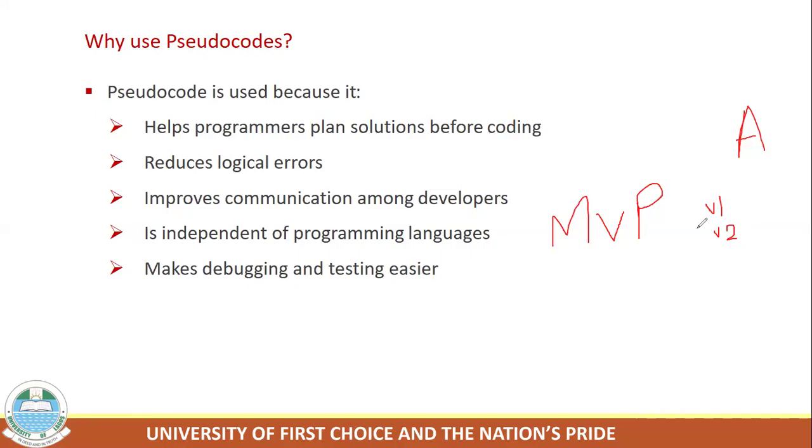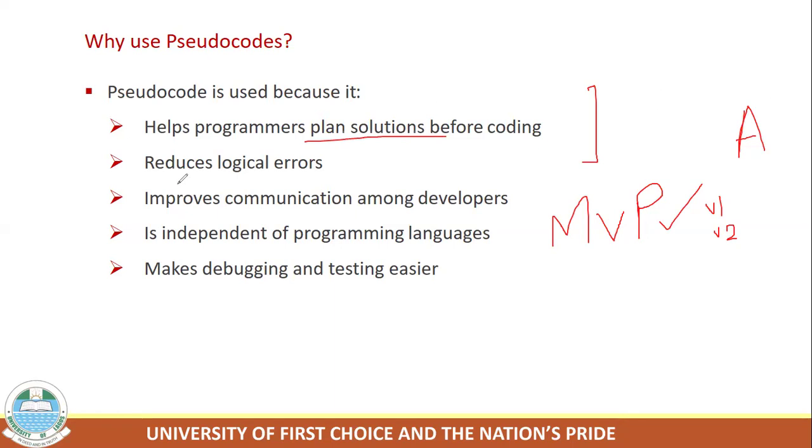They don't tend to remember others. So the first person to enter the market with a minimal viable product wins. So you have to plan for your solution before coding. At what point do I stop? At what point do I say, oh, all these features will be added in the next release?